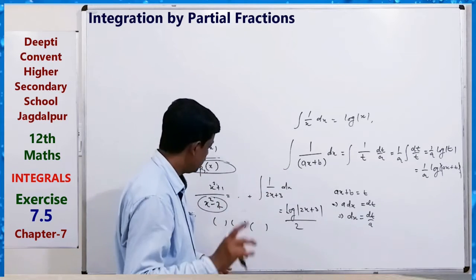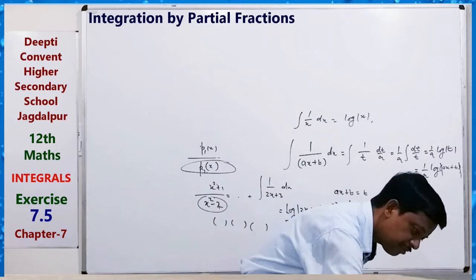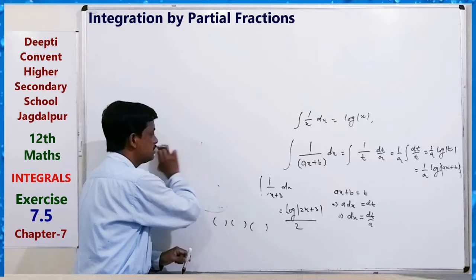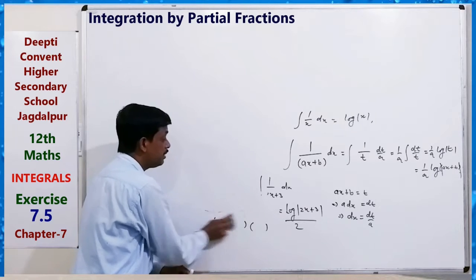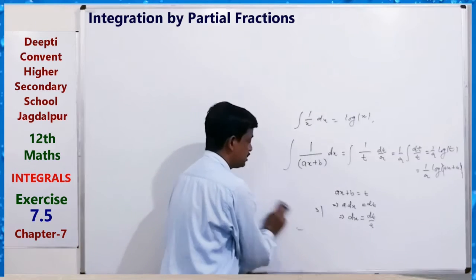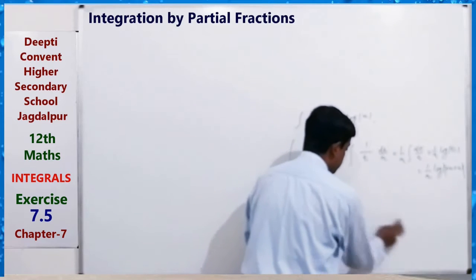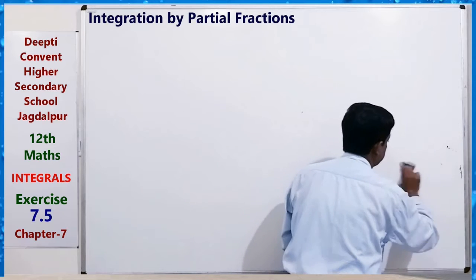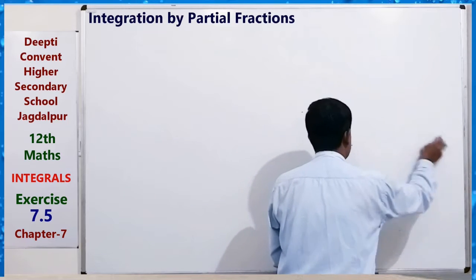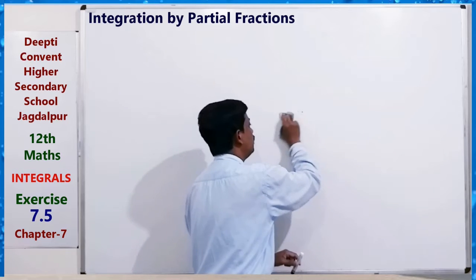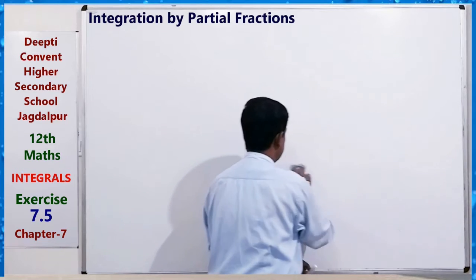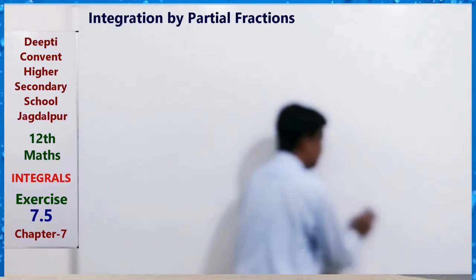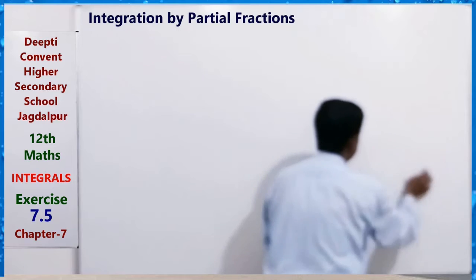So one by one I have to discuss this process. First of all, our requirement is what? Whether the given rational function is a proper fraction or not. Okay, and if so, then we have to factorize the denominator to get a product of linear factors.